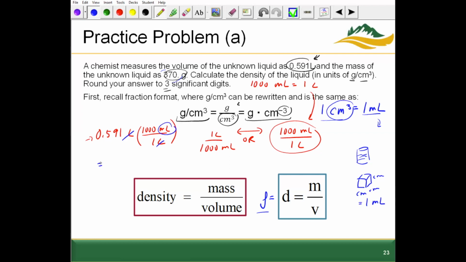So if we solve for that, that is going to be 591 milliliters. How many sig figs should we have? This is a conversion factor. We don't need to pay attention to that 1,000. We're doing a multiplication or division problem, meaning that instead of looking at the number of digits past the decimal place, we want to look at the number of sig figs.